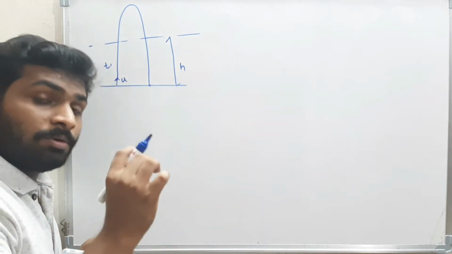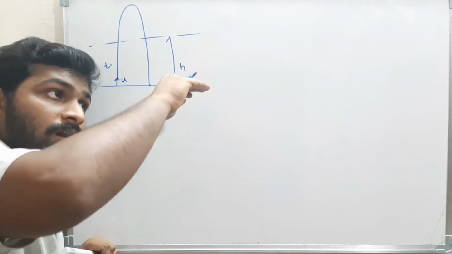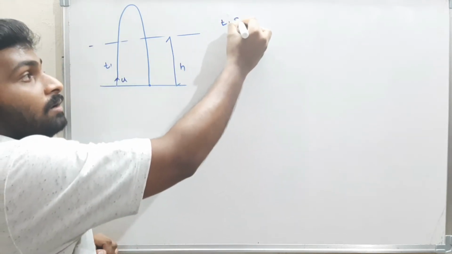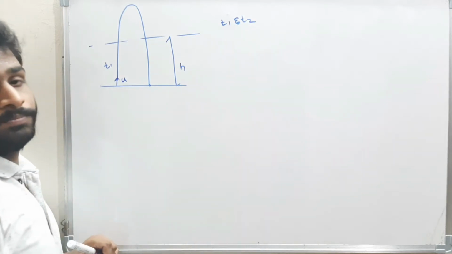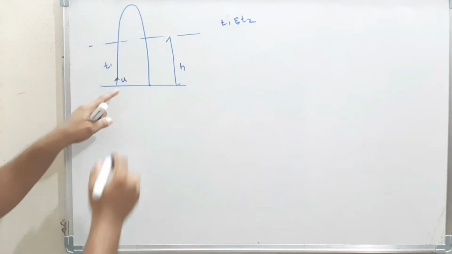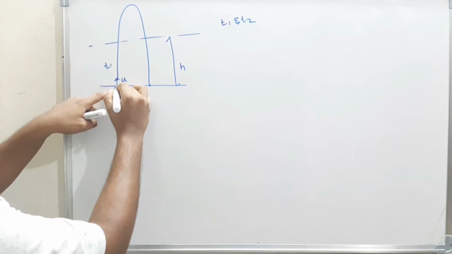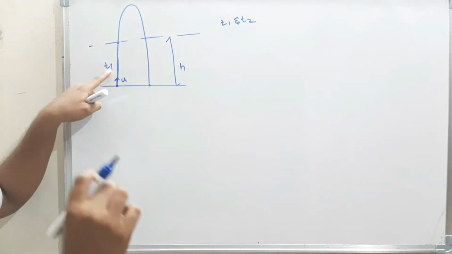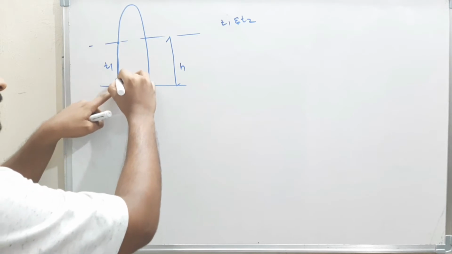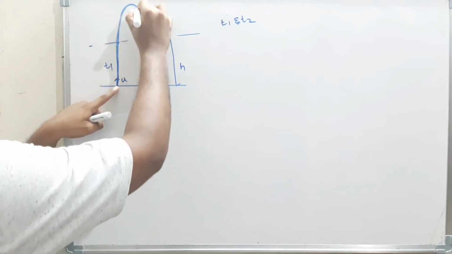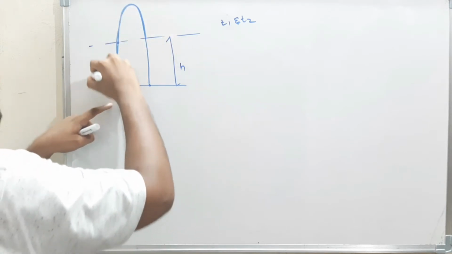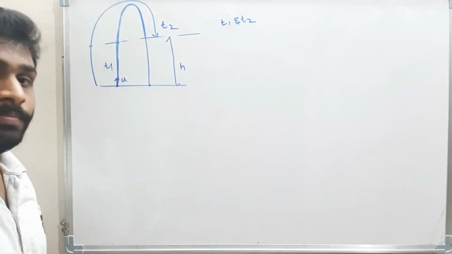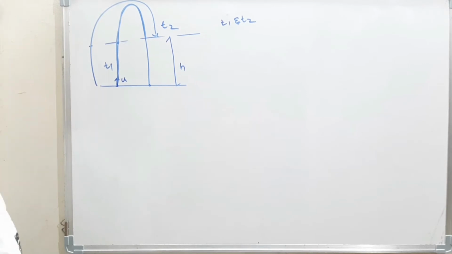That means the time taken by the body to reach from here to this height is t1, and the time taken by the body to go up and again come back to this height, this whole time is t2. Is it clear? The question is clear.